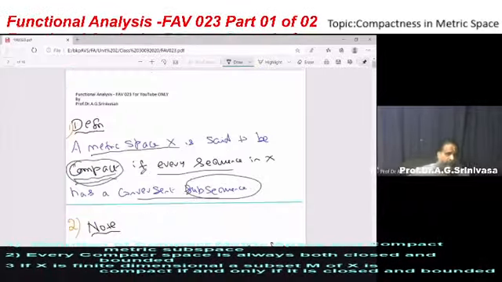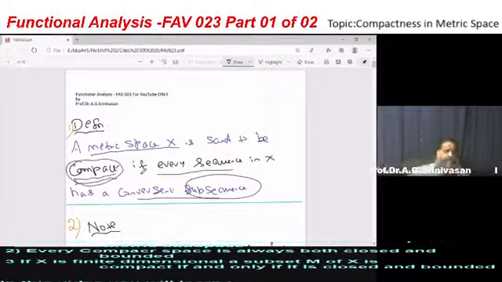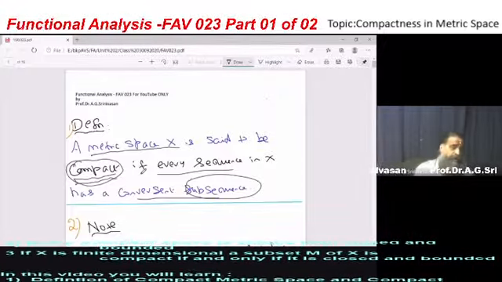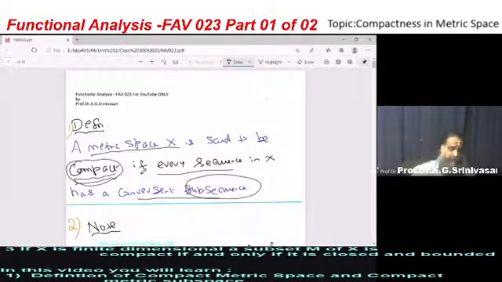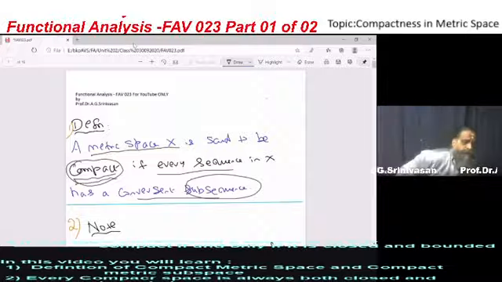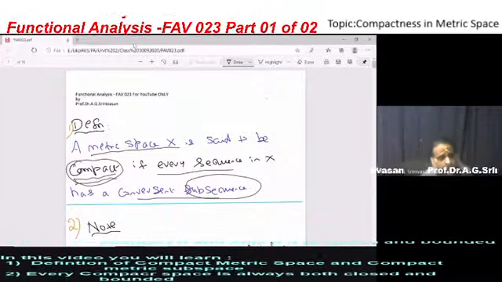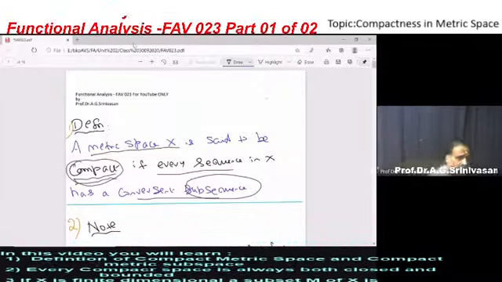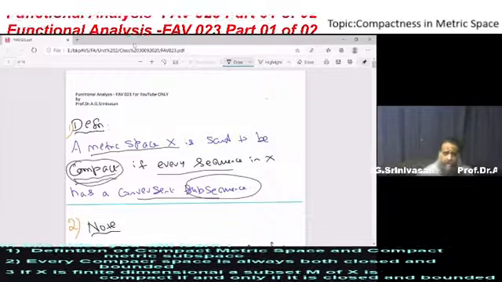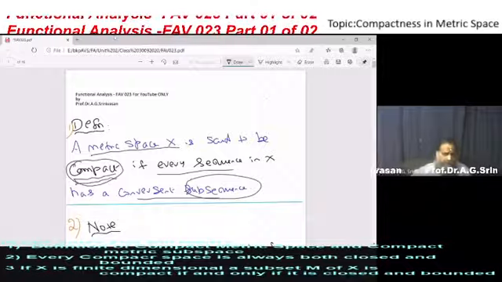So we have defined what a compact metric space is, though the definition is not actually the compactness in general. It is only for a metric space we've defined it, because in a metric space, compactness, local compactness, and even sequential compactness are all one and the same. So in that context, we can use this as a definition in a metric space, because sequential compactness is very easy to handle.